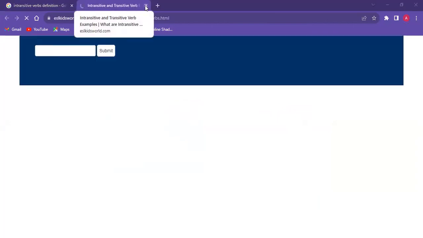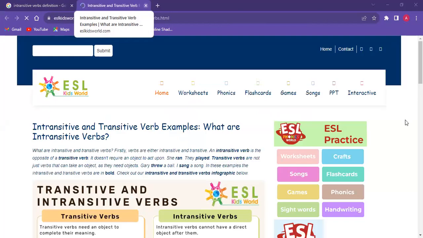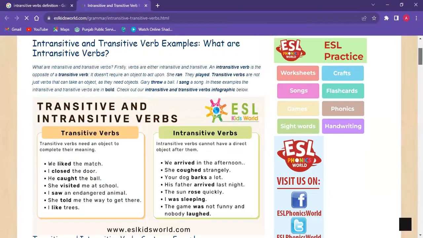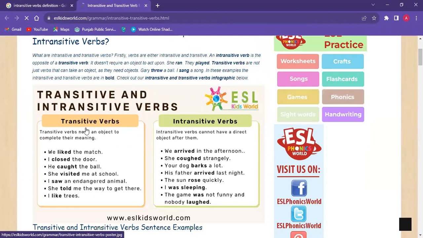Why is it not opening? Okay, now it's opened. Right. Intransitive and transitive verbs. Transitive verbs need an object to complete their meaning. We liked the match. I closed the door. He caught the ball. She visited me at the school.